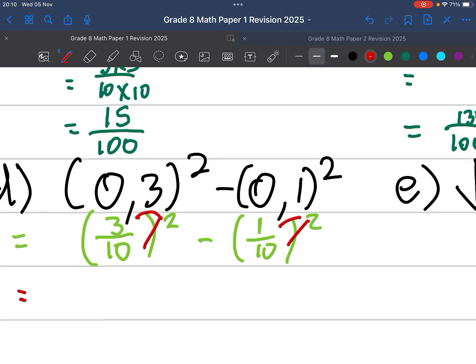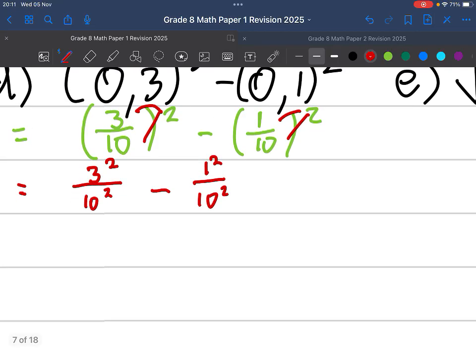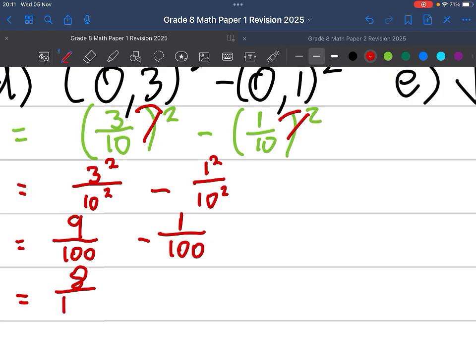So now we have 3 squared over 10 squared minus 1 squared over 10 squared. 3 squared is 9 over 100 minus 1 squared is 1 over 100. Your answer is 8 over 100.